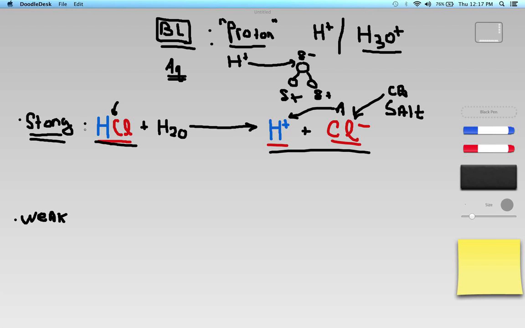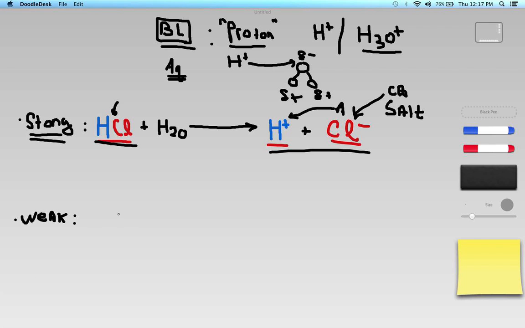Now, we also have what are called weak acids. And as you might guess, weak acids don't totally dissociate. There is a significant portion of that chemical that doesn't necessarily dissociate totally.